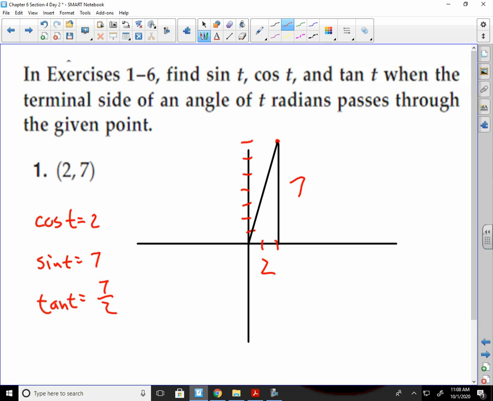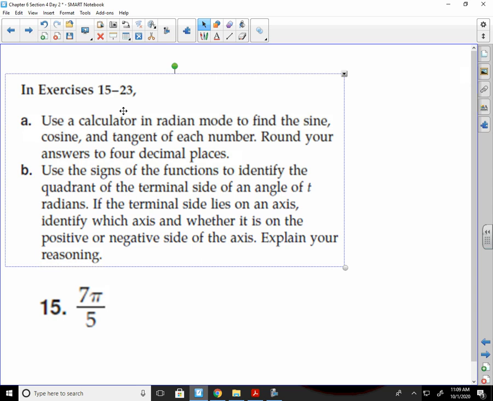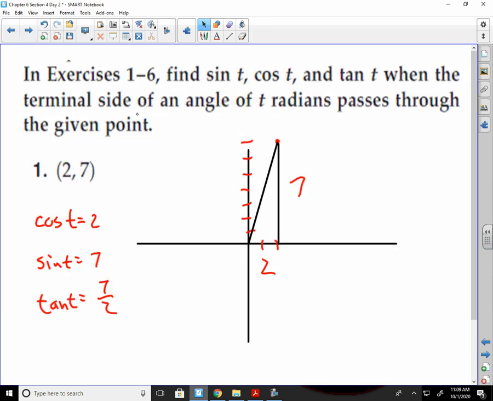That's it. Is there any need to really draw it? Only if you need to see, but otherwise not really. So 5 through 6 should be fairly easy.